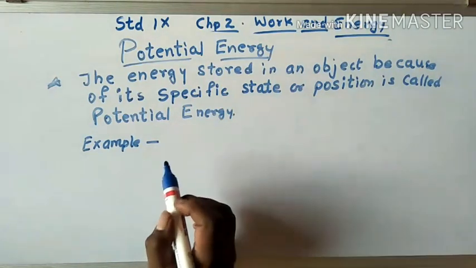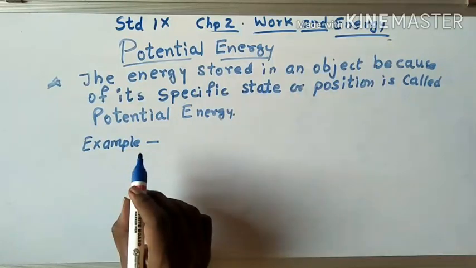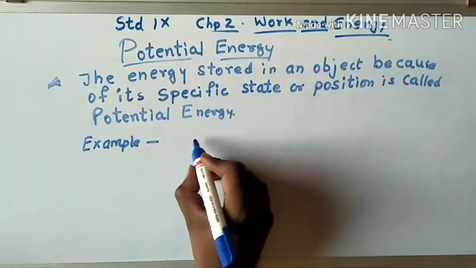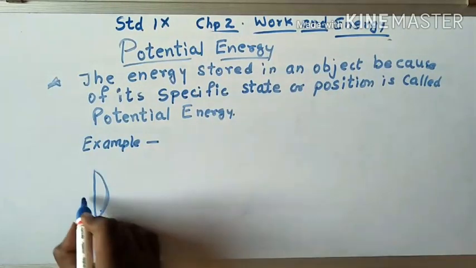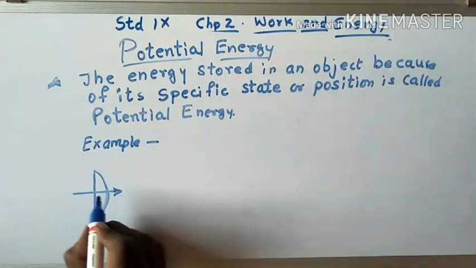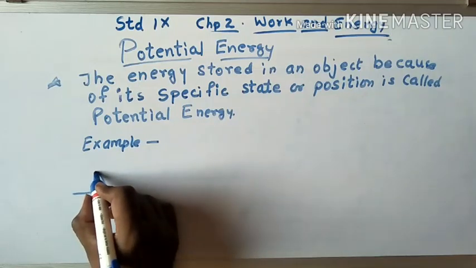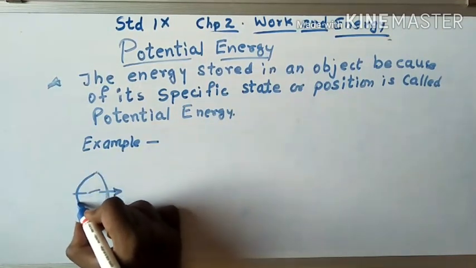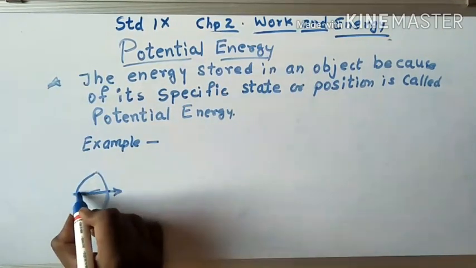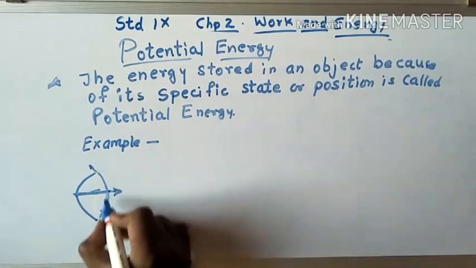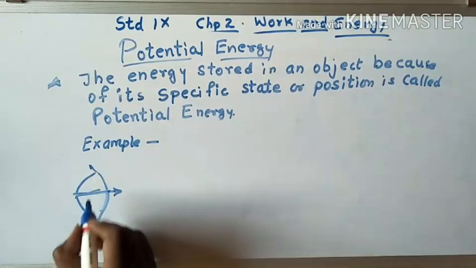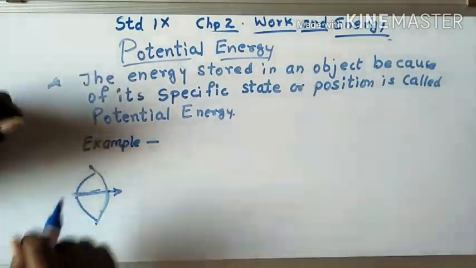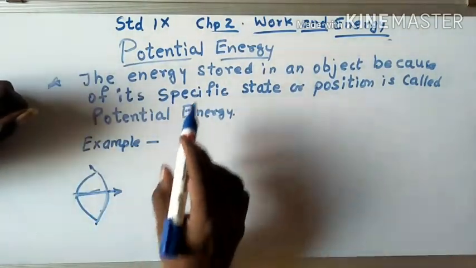Now let's say for an example, an arrow is released from the stretched bow. Now you know the bow and arrow. Before using it, you have to stretch it here. So this is the potential energy. It is stretched, so the stretched arrow has potential energy.